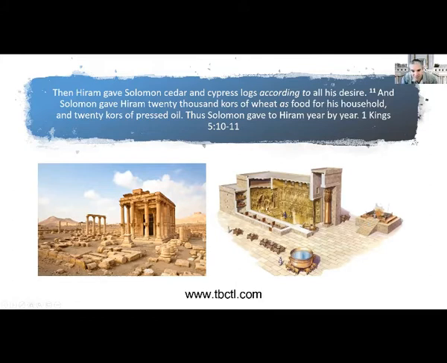For example, inside, when you look into the Holy of Holies, there are drawings of animals, which could not have been in the house of God because of the second commandment. They should not have any drawing, any picture, any statue. So that could not have been inside the Holy of Holies, especially not inside the temple.